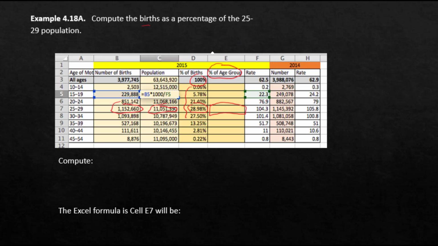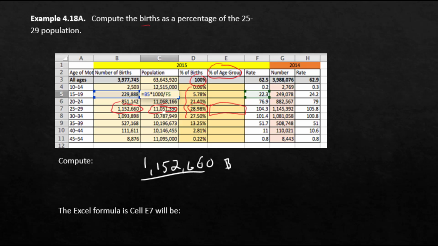Okay, so here we go with this one. We've got 1,152,660 births. I'll put V for births.